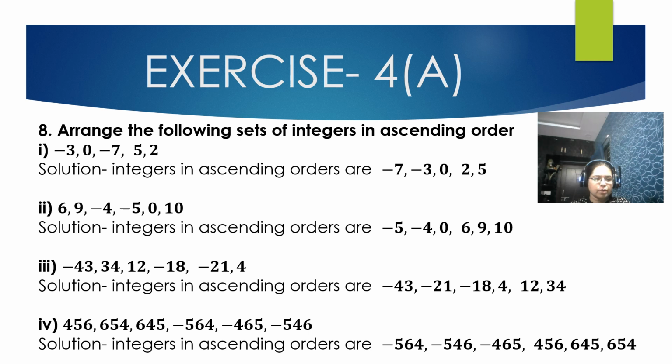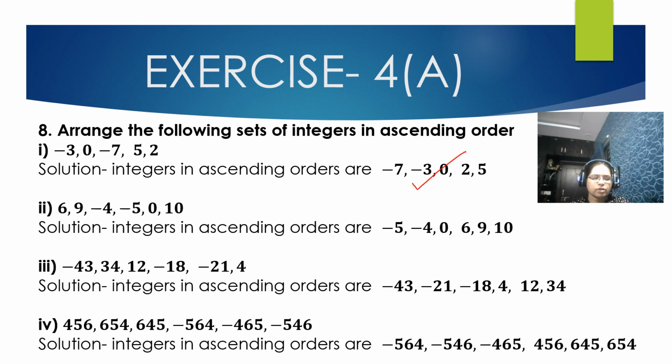Now we solve question number 8. Question number 8 is to arrange the following set of integers in ascending order. We have to arrange the integers from smallest to greatest. Here the first part is -3, 0, -7, 5, 2. Smallest to greatest, so the integers in ascending order are -7 is the smallest integer, then -3, then 0, then 2, then 5.